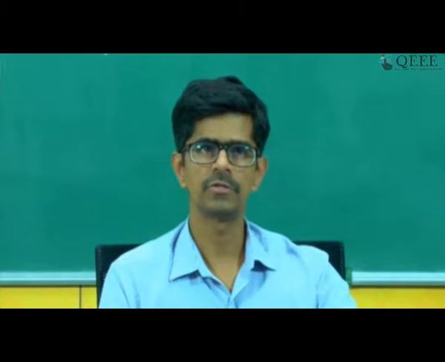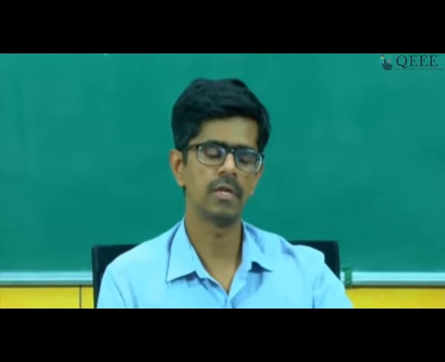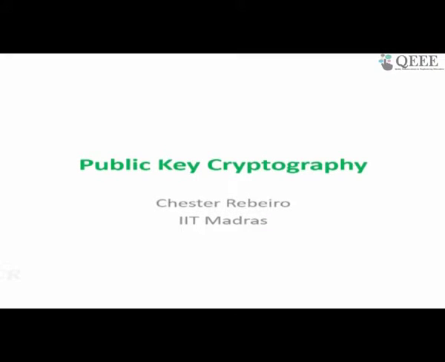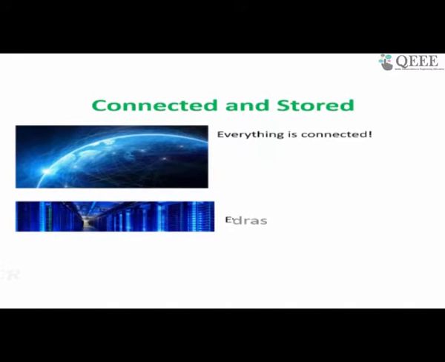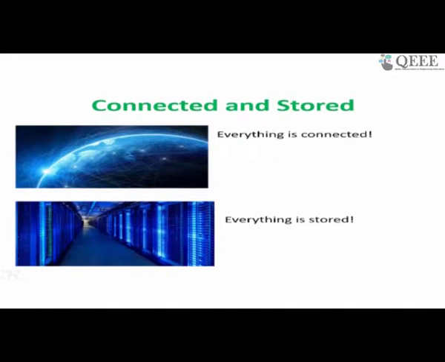we'll just have a brief introduction of why we require cryptography first and where public key cryptography falls in this entire scheme. As we know today, we have a lot of dependence on the internet.